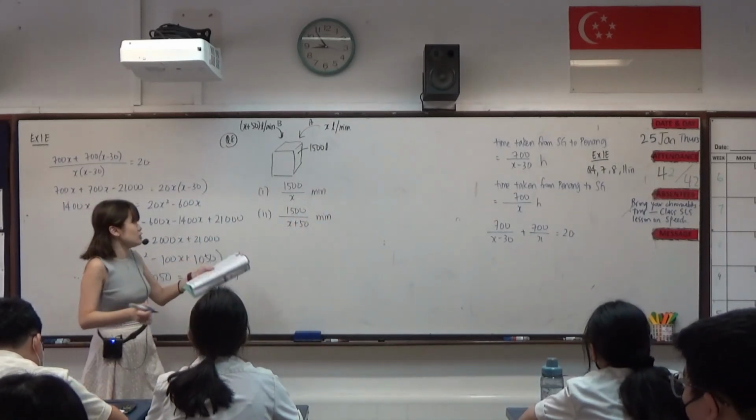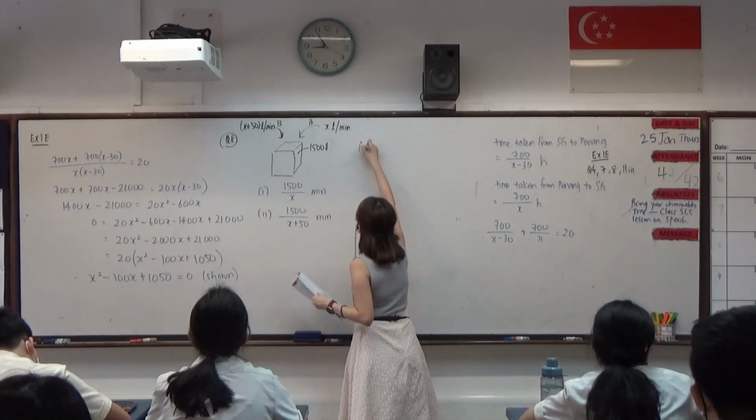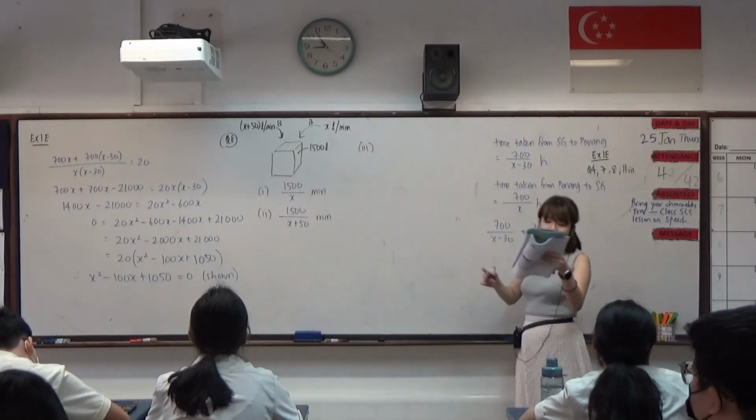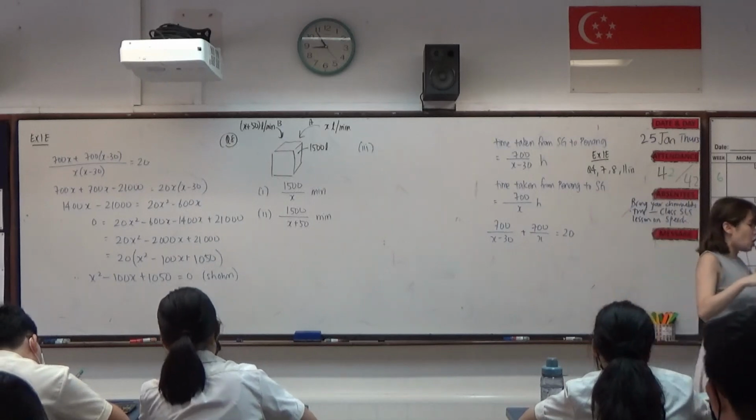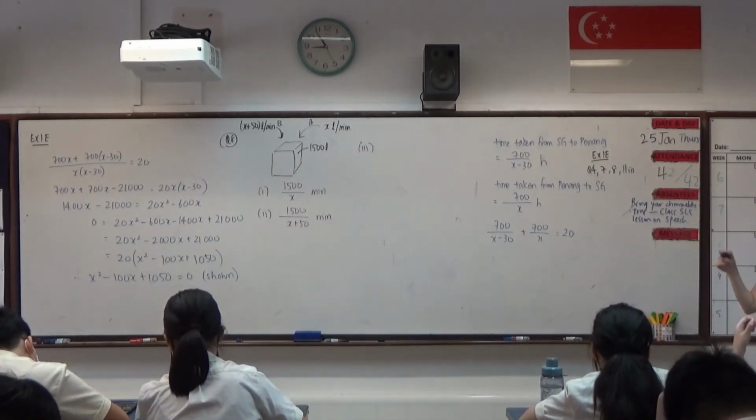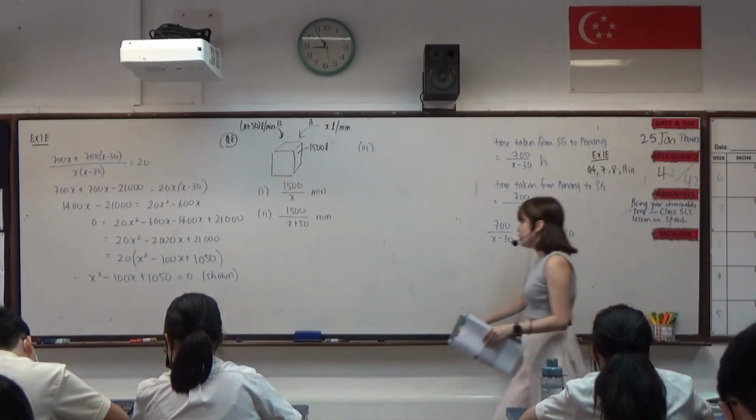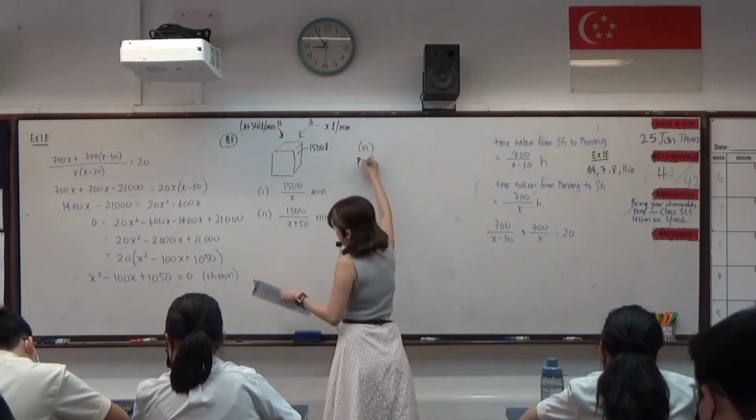Okay, part 3. It says that pump A takes 30 seconds longer than pump B to fill the tank completely. So we need to be able to decipher this statement.